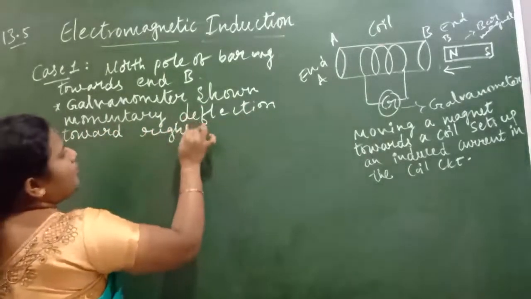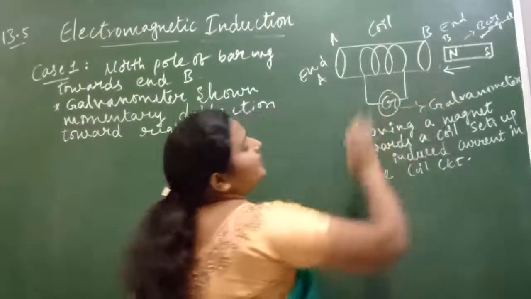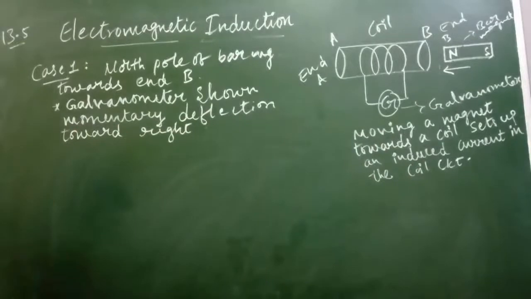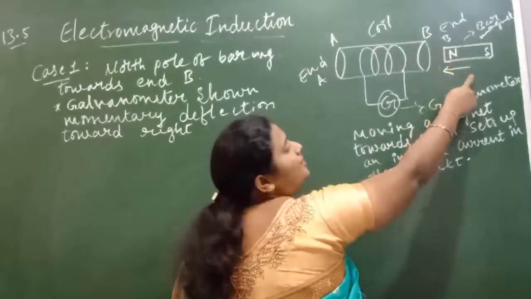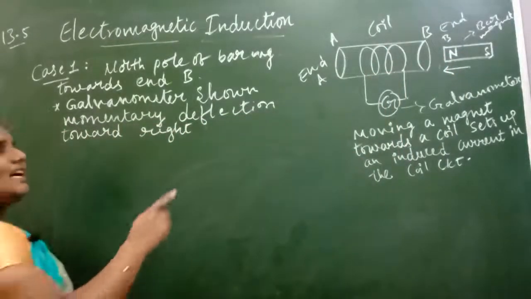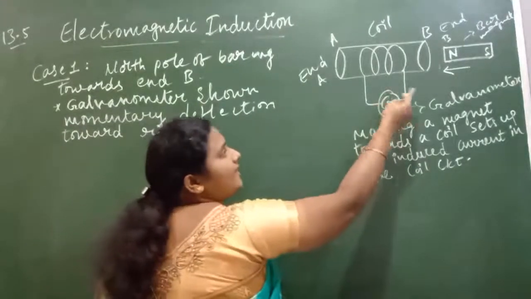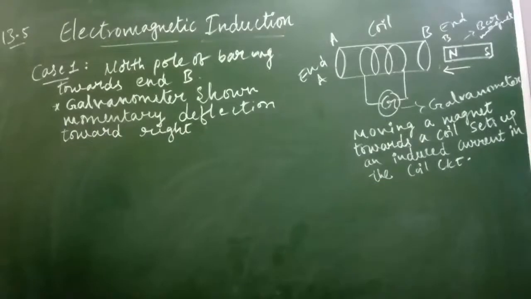So the pointer of the galvanometer deflected towards right when we brought the north pole of the bar magnet towards the end B of the coil, and again came back to the 0 mark.